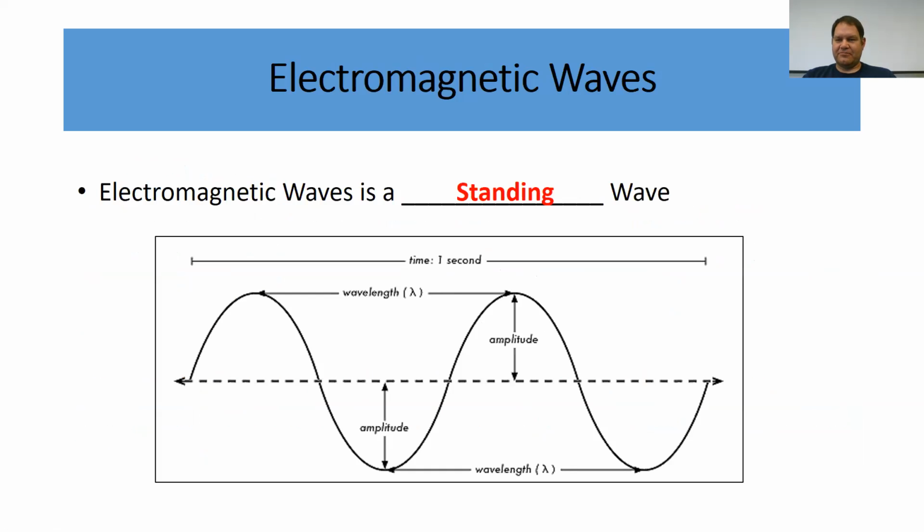So what we're going to turn to is this term electromagnetic waves, okay? This is a really fancy term for light, okay? It's more of a scientific term, but an electromagnetic wave is referred to as a standing wave. In other words, it's light, okay?